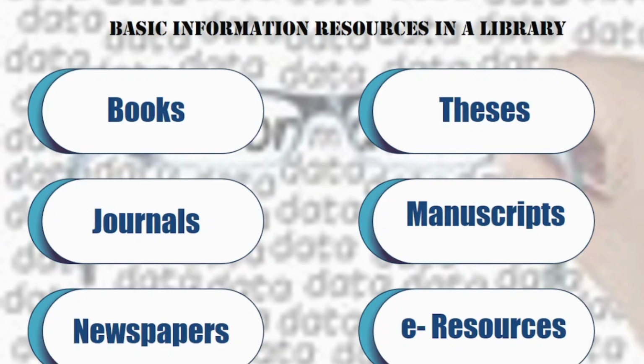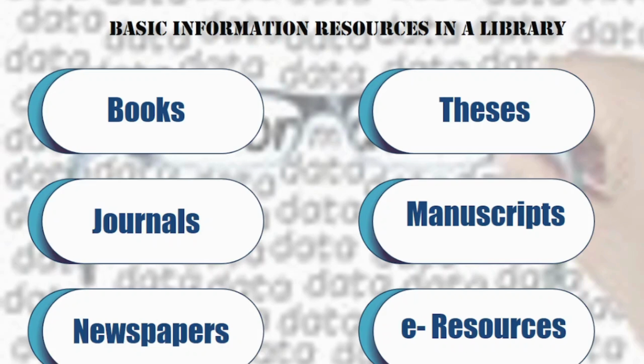Now we are talking about the information resources in a library. You know that information is processed data, and that is available after its embodiment in the form of books, journals, magazines, newspapers, etc. So let's have a look at the types of basic information resources available in the different types of library.